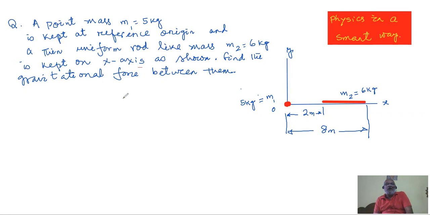The force between 2 point masses m1 and m2, which are separated by a distance r, is F equal to G m1 m2 by r square, where capital G stands for the universal gravitational constant, which has a very odd value like 6.67 into 10 to the power minus something that you know very well. I'm not going to repeat it. So that is all about Newton's law of gravitation.